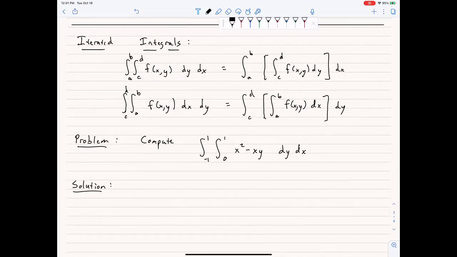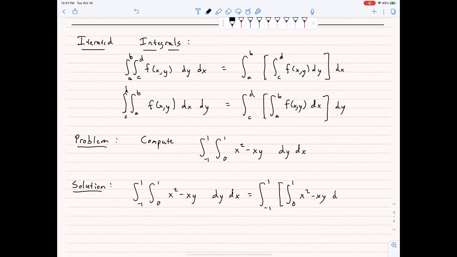Okay, so here's our solution. I'm going to use this formula, which is my first formula here. I'll ignore this first integral from -1 to 1, and I'm going to exclusively focus on the integral in the parentheses for a moment.